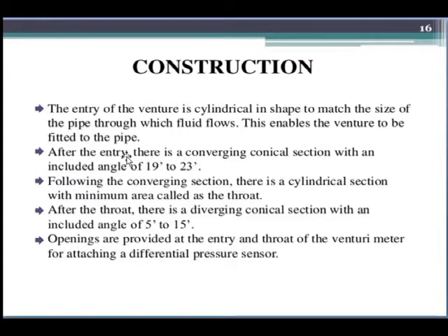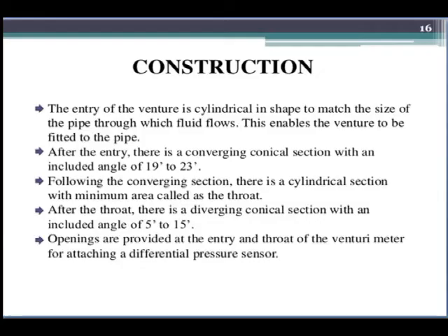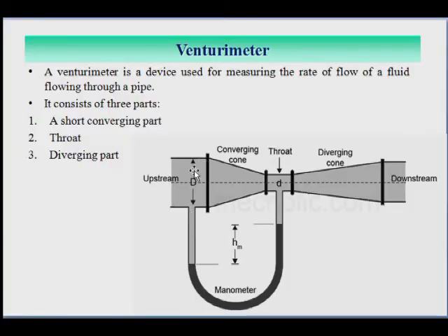Then after that entry there is a converging conical section with an inclined angle of 19 to 23 degrees. In the figure you can see that after that cylindrical portion is the entry of the converging part. The angle of this converging cone varies from 19 degrees to 23 degrees.